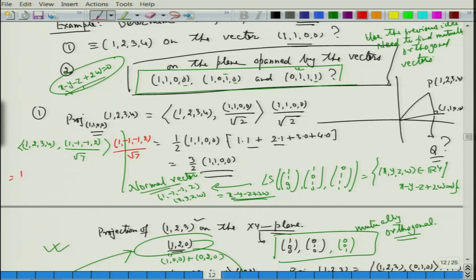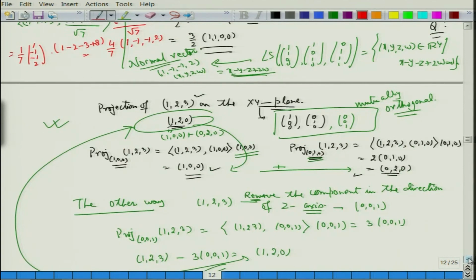So, this will be 1 upon 7 times this vector (1, minus 1, minus 1, 2) dotted with (1, 2, 3, 4): 1 minus 2 minus 3 plus 8, which is 4, upon 7 times (1, minus 1, minus 1, 2). So, the actual vector that I am going to look at is (1, 2, 3, 4) minus this. The answer for the question is 4 upon 7.